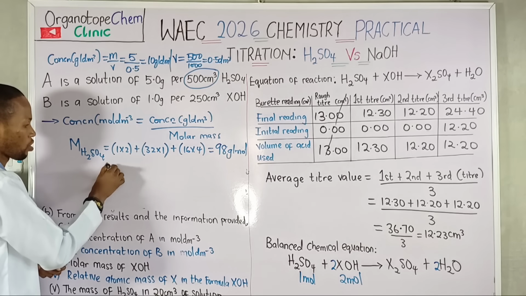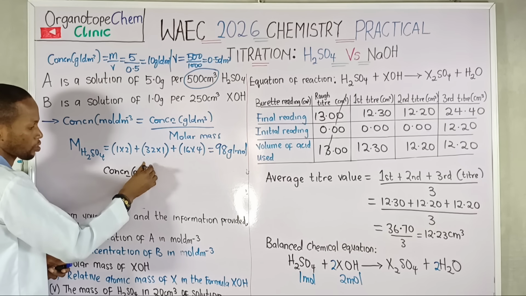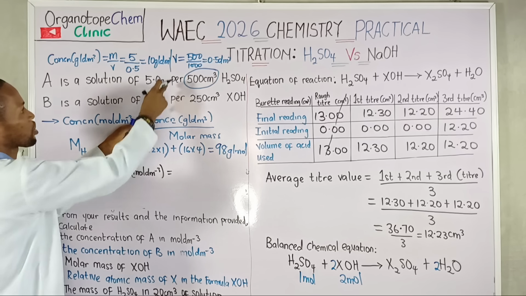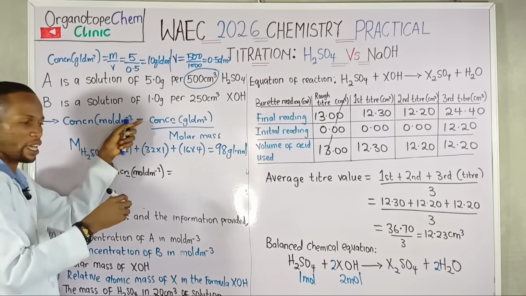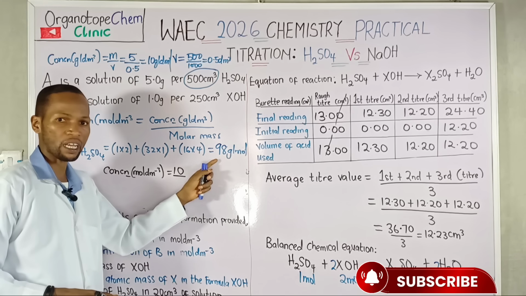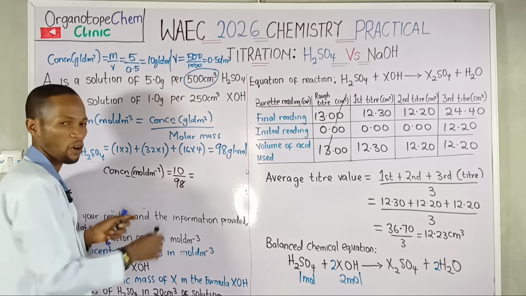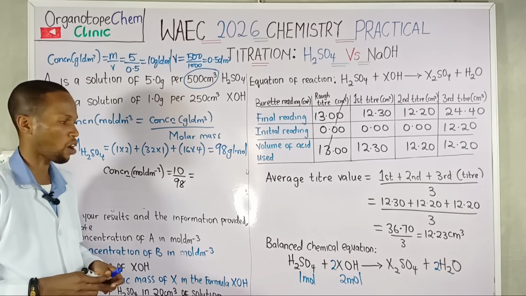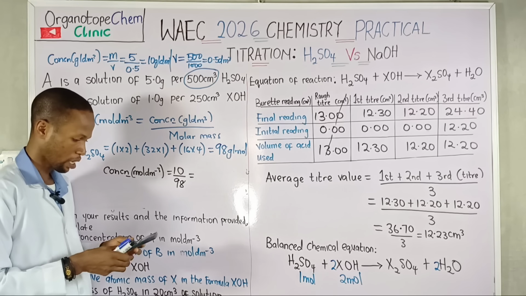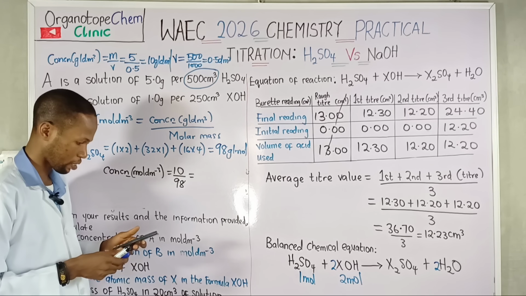We have concentration in mole per dm cube equals the mass concentration of H₂SO₄, which is 10, over the molar mass of H₂SO₄, which is 98. Therefore, the concentration of H₂SO₄ in this titration is, can we get that? 10 divided by 98.